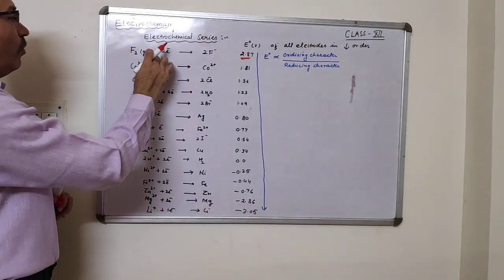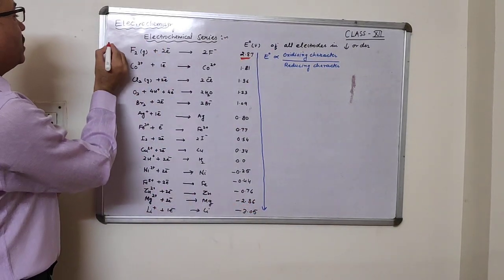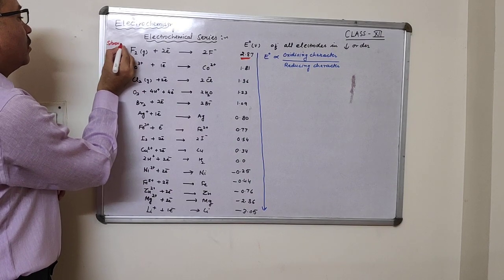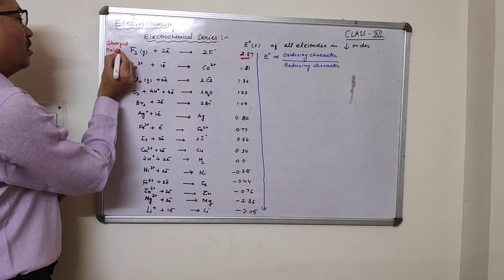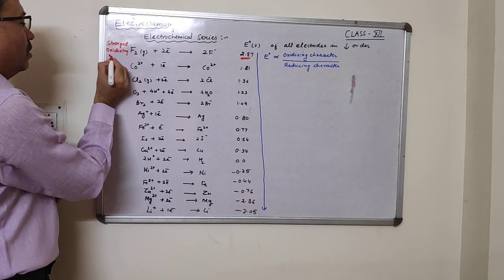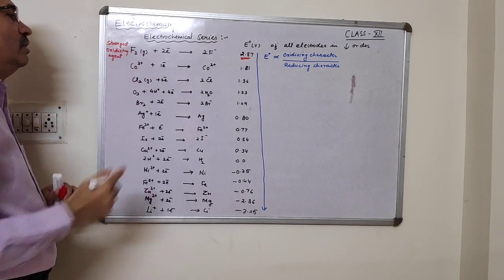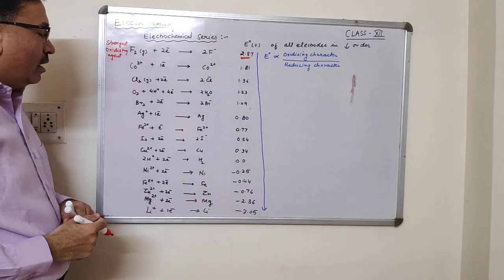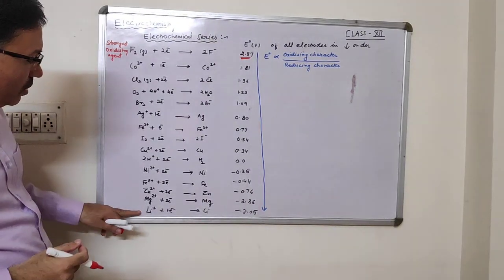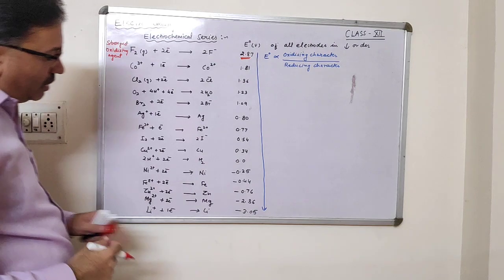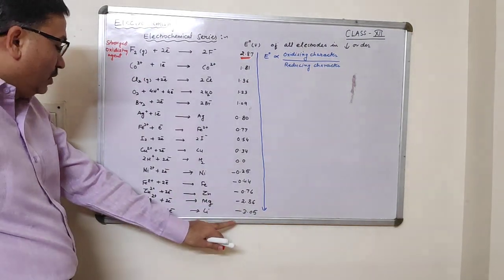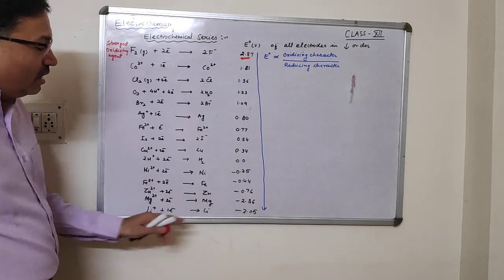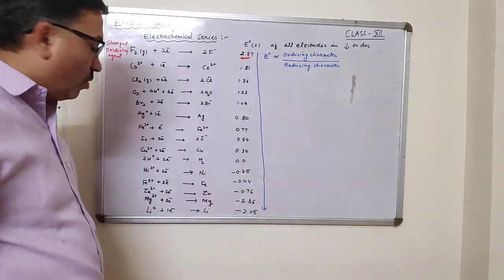So fluorine is the strongest oxidizing agent. And for lithium, among all the elements, E naught is minus 3.05 volt, meaning it is the least. Lithium is at the bottom of the electrochemical series.